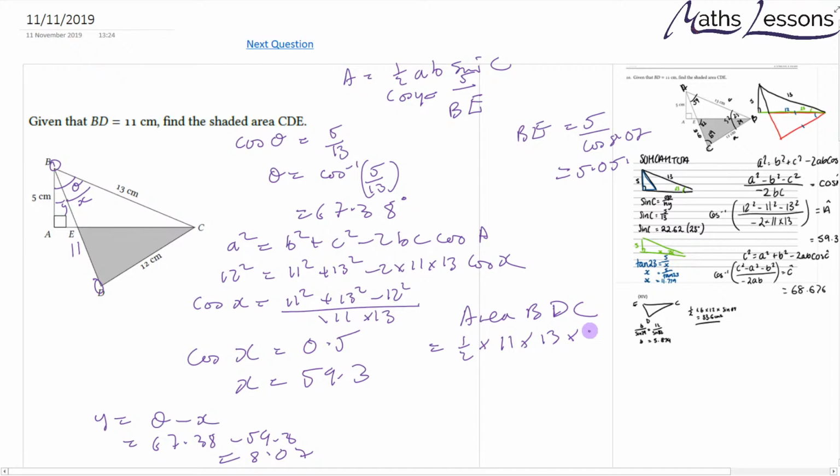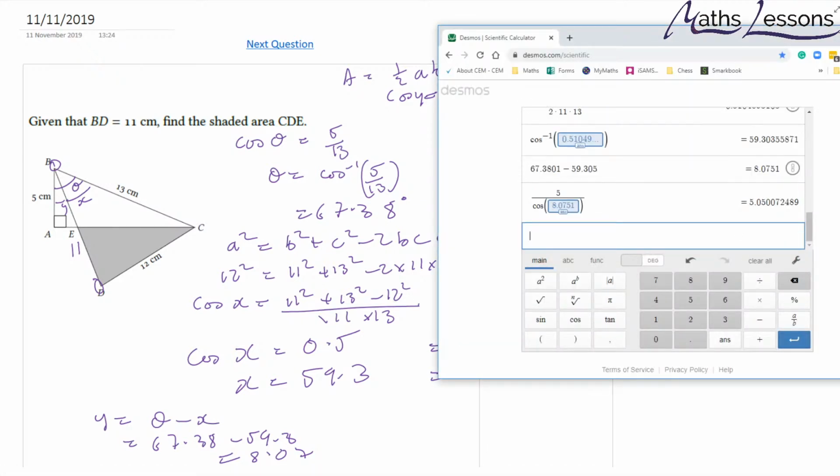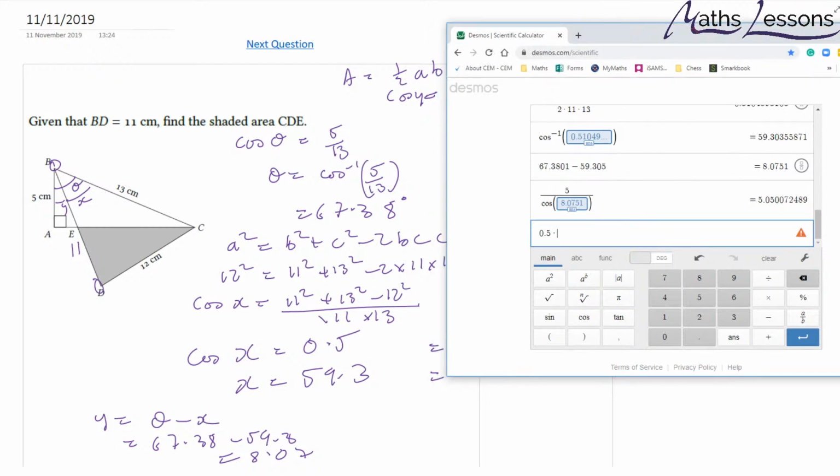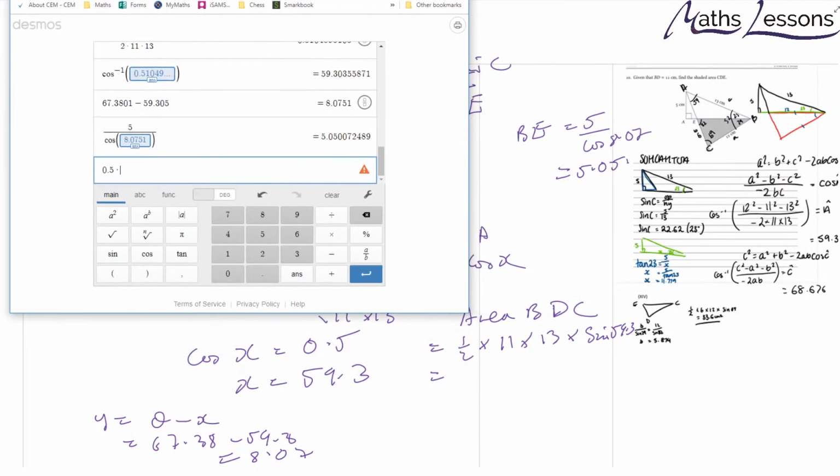Calculator: 0.5 times 11 times 13 times sine of 59.